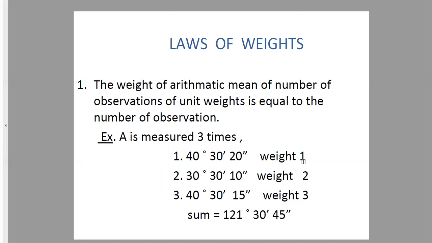If its weight is 1, its weight is 2, and its weight is 3, then for the calculation of mean, we'll add this one time, and we'll add this two times, and we'll add this three times, and then we'll divide it by 6, not 3. 6, 1 and 2 for this, and 3 for this.